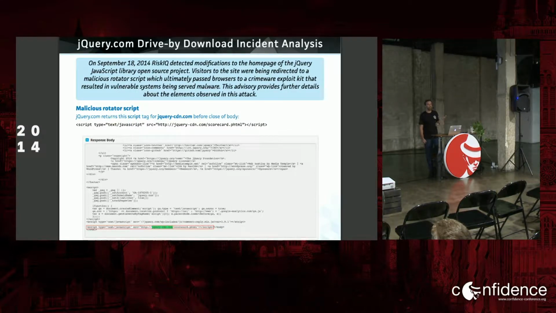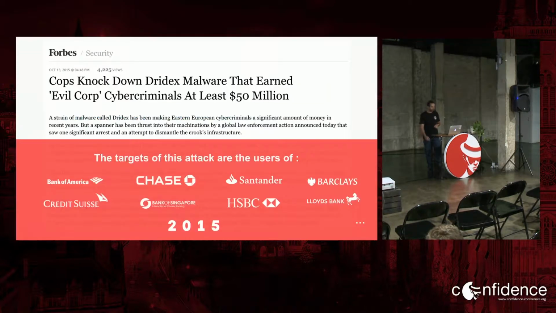It wasn't the first time that something like this happened, but to my recollection, it was probably the first time that we really started paying attention to this kind of threat. Back then, we said that we'd see more like this in the future, and today we know that this is true. Let's see other examples.